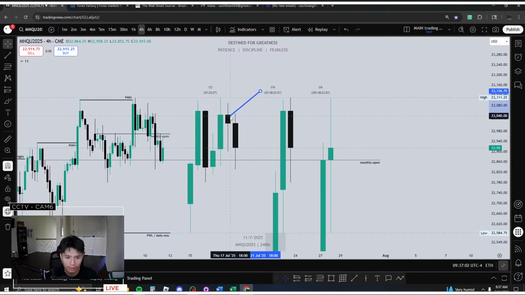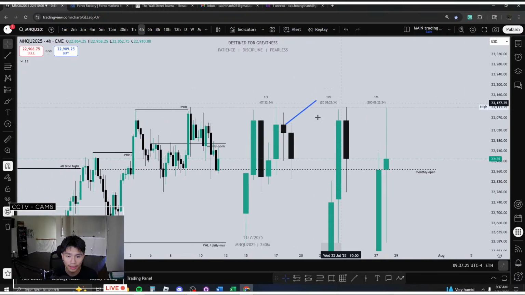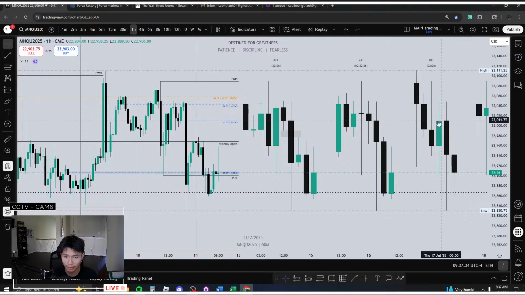It's not concrete where we are going to go, whether we would take out the daily high or the daily low. Because we closed indecisively, I am going to just have to pivot and utilize a different time frame, such as some of the intraday time frames. Now that I have concluded that thought process, I'm not going to use the daily time frame. I'm going to go onto the intraday time frames.